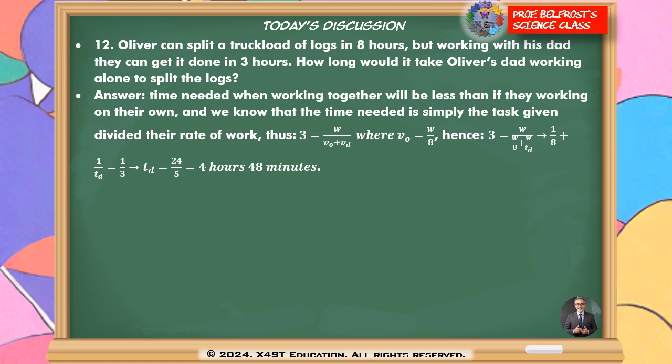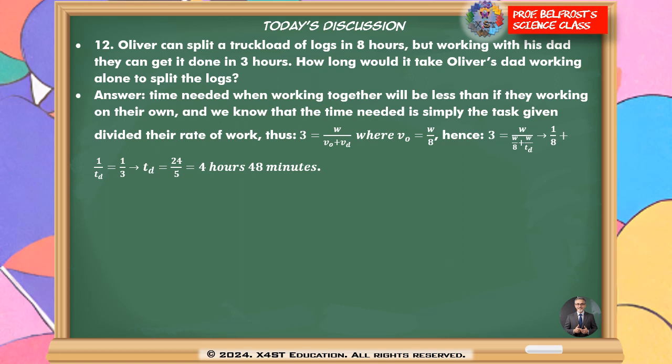So actually for 3 hours, the time needed is just the work given divided by the sum of the rates of work. We know the rate of work of Oliver is the work given divided by 8 hours, and the dad's rate is the work divided by the time needed for Oliver's dad to work on his own.